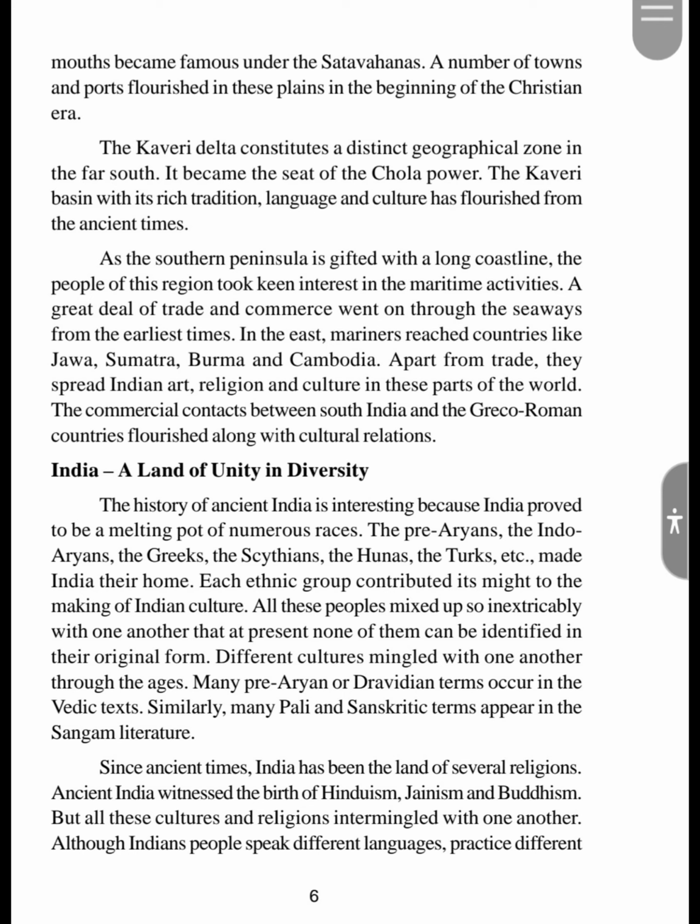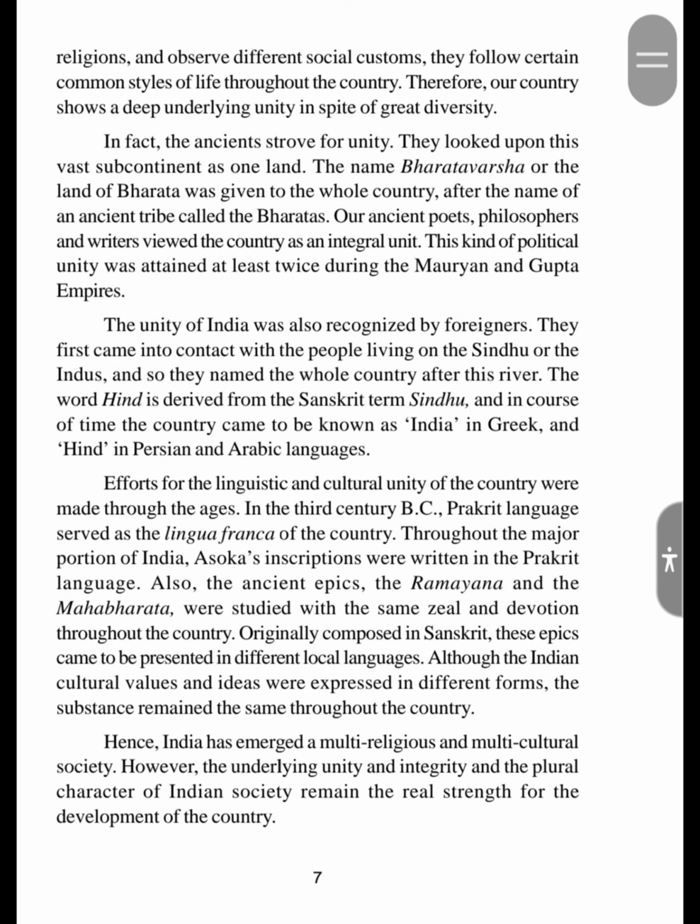Ancient India witnessed the birth of Hinduism, Jainism, and Buddhism, but all these cultures and religions intermingled with one another. Although Indian people speak different languages, practice different religions, and observe different social customs, they follow certain common styles of life throughout the country.